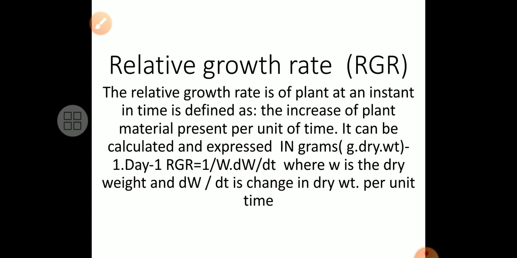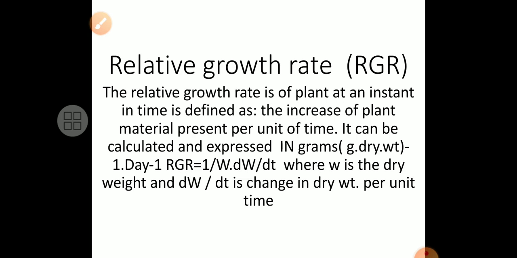RGR is equal to 1 divided by W into dW divided by dt, where W is the dry weight and dW divided by dt is the change in dry weight per unit time. So the formula of the relative growth rate is equal to 1 divided by W into dW divided by dt.